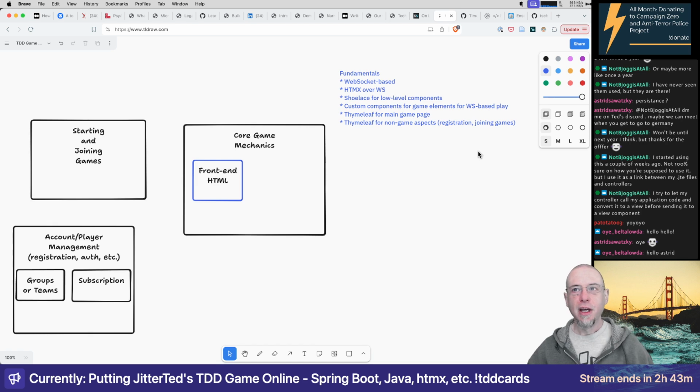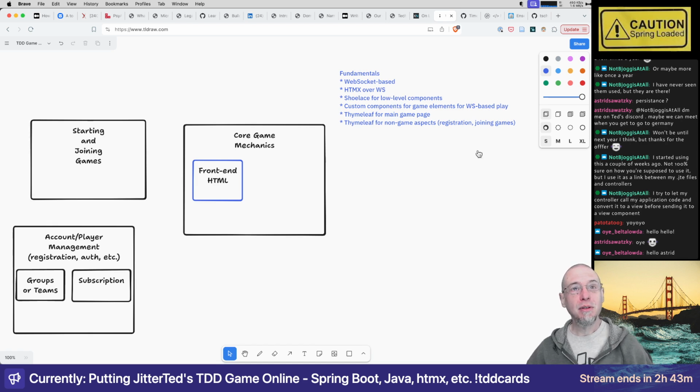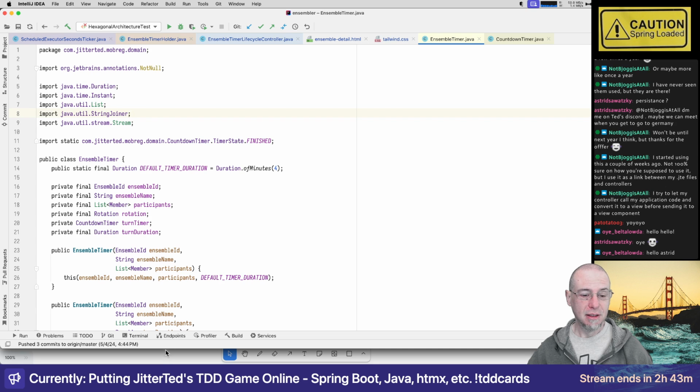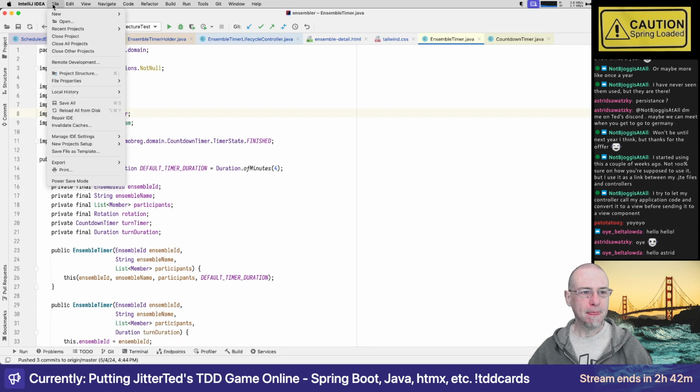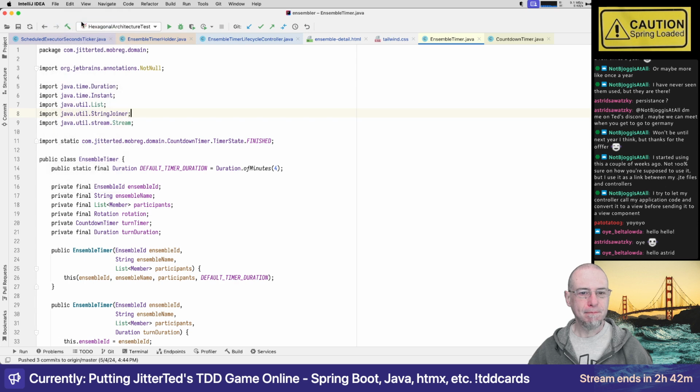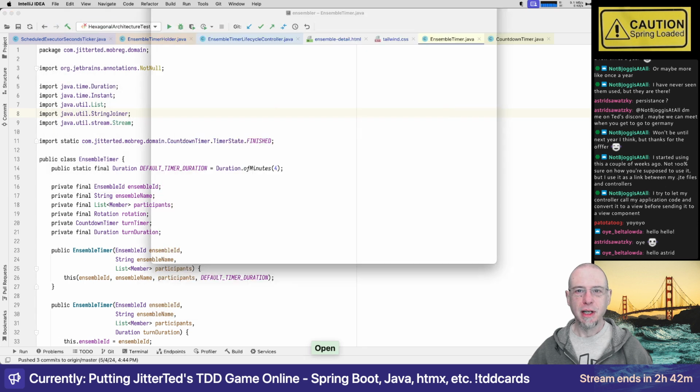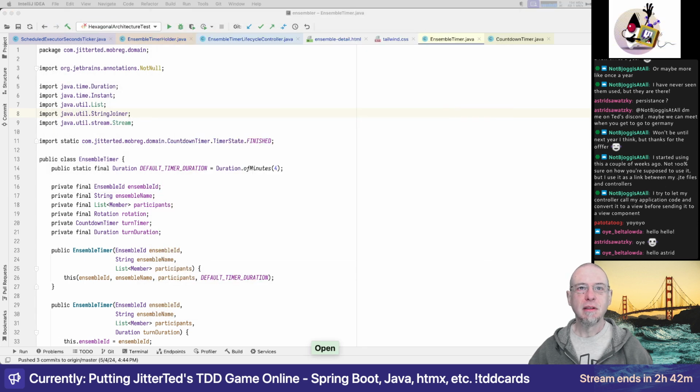All right, so let's go take a look at, not Ensembler, Ensemble Timer. Let's go find the project. Where is it? As I said, I haven't looked at it in a long time.